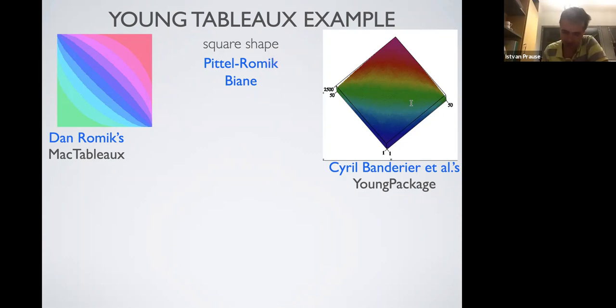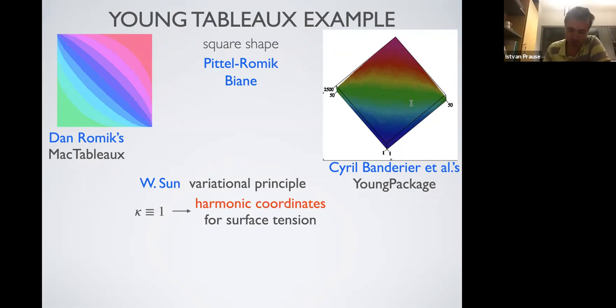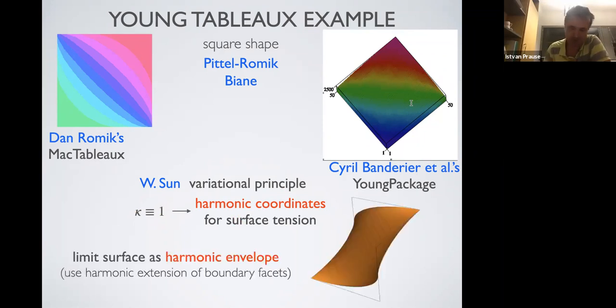It will have this type of level lines, this surface, and this particular example was actually worked out by Pittel and Romik. But for more general boundary conditions, Wang-Rusan deduced also a variational principle for this Young tableau problem. Again, because this is a determinantal problem, this Hessian determinant is constant, so this kappa is constant, which means that we have nice harmonic coordinates for the surface tension, and limit surfaces are harmonic envelopes of planes.